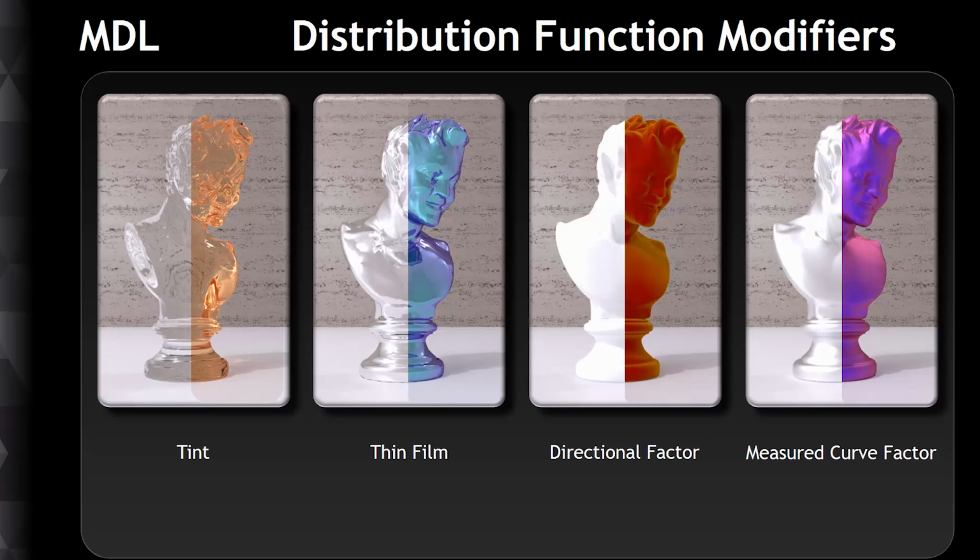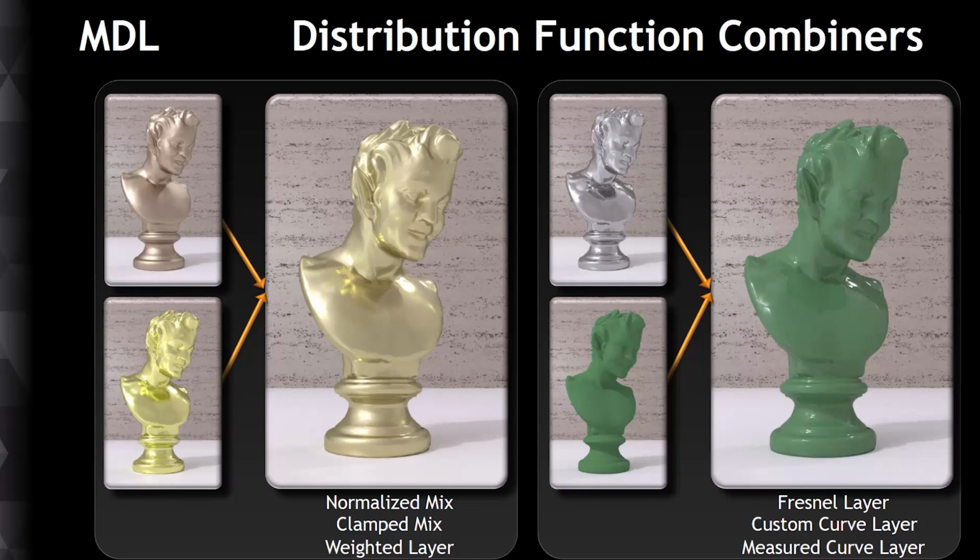And last but not least, we can use combiners to combine multiple distribution functions to create even more complex materials. We have mixing distribution functions, and we have a set of layering functions that can be used to layer multiple BSDFs on top of each other.